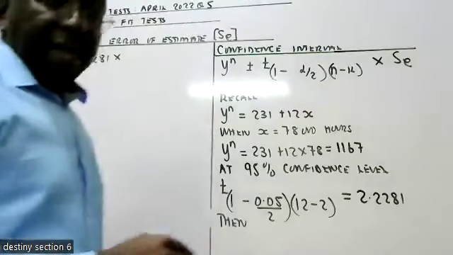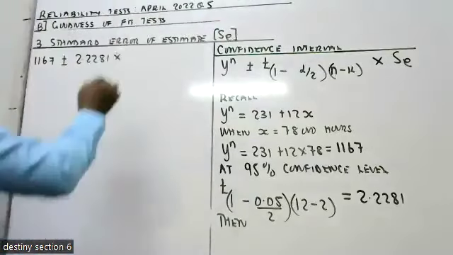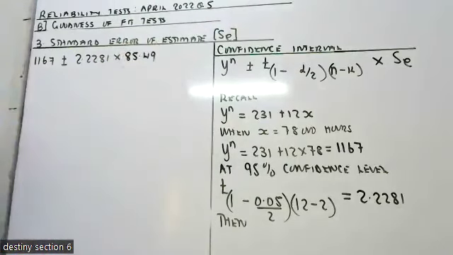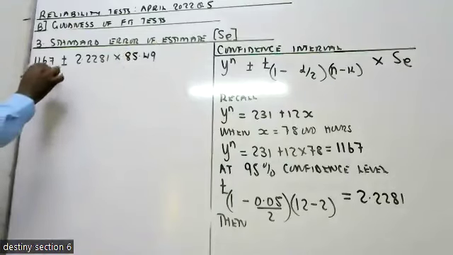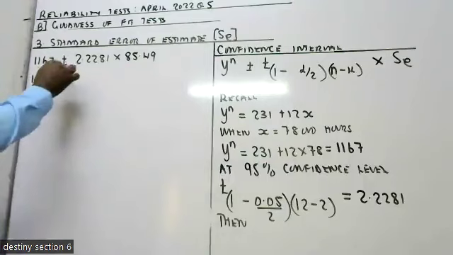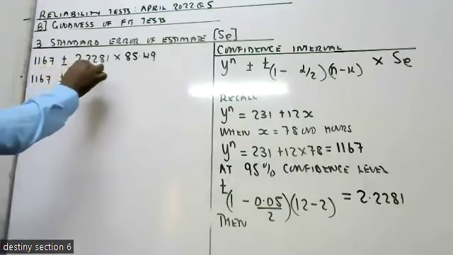You remember up there we have just gotten 85.49. So 2.2281 times 85.49 is 190.48.